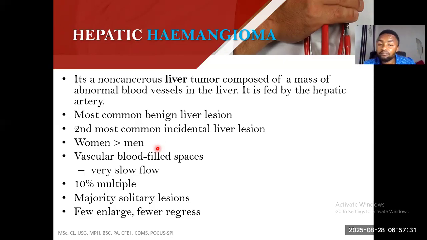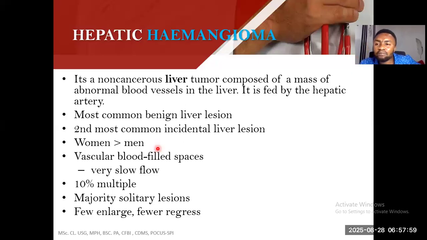Estrogen can form abnormal blood vessels, which form hemangioma. They are vascular, blood-filled spaces. The blood will be inside, all right, but the blood flow in them will be slow, because they are abnormally formed.